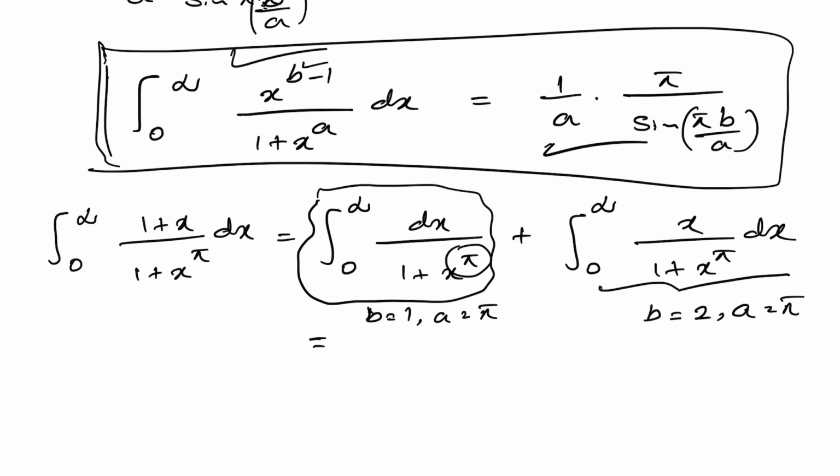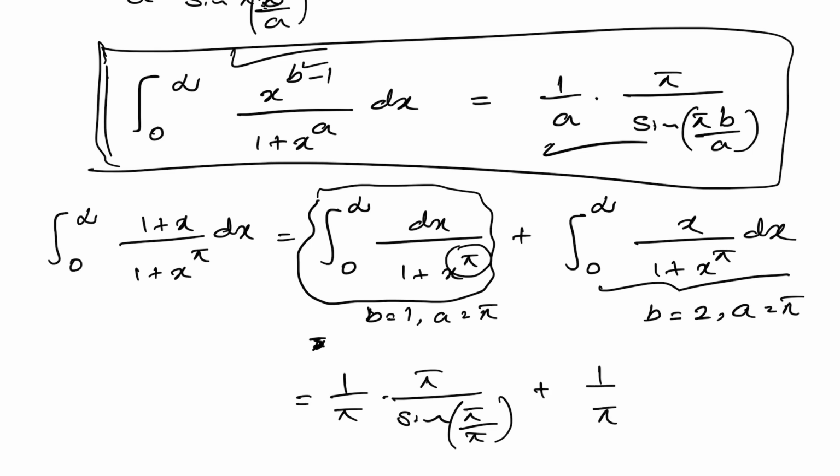So we have 1 over a, 1 over pi times pi over sine of pi b over a, where b is 1 and a is pi, plus again 1 over pi times pi over sine of 2 pi over pi.